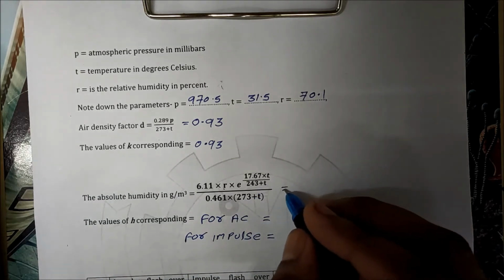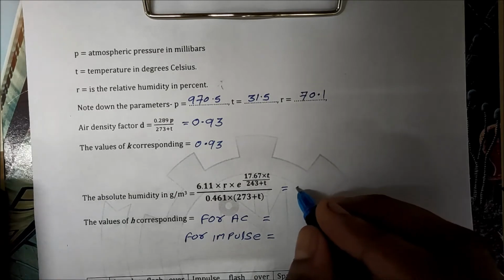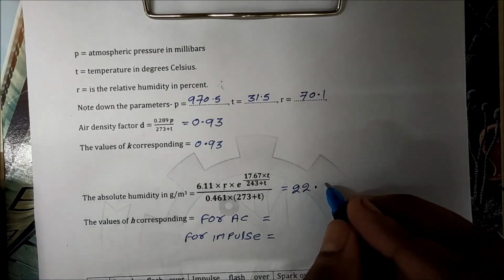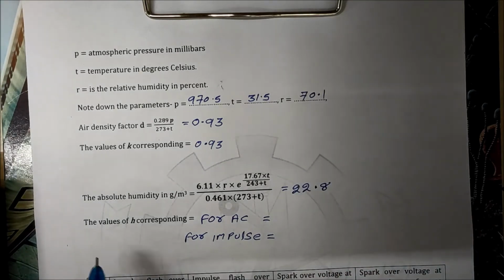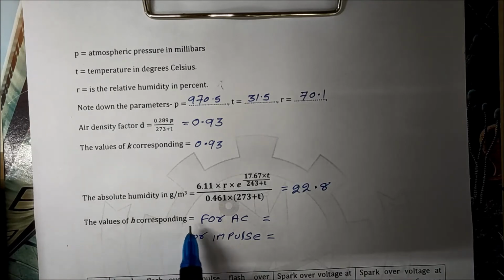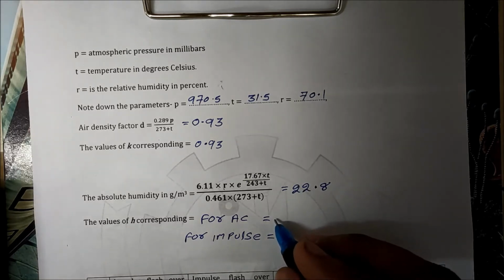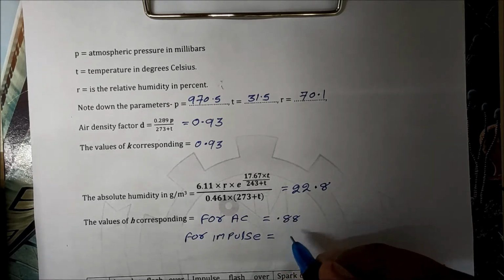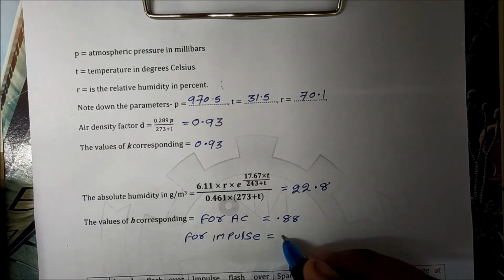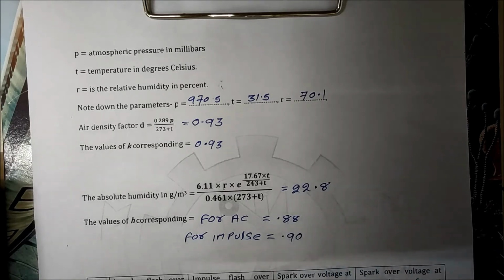You can find out how much; this one is 22.8. Then the value of H, the corresponding factor for AC, you can see the graph and find the correction factor is 0.88, and for impulse the value is 0.90.